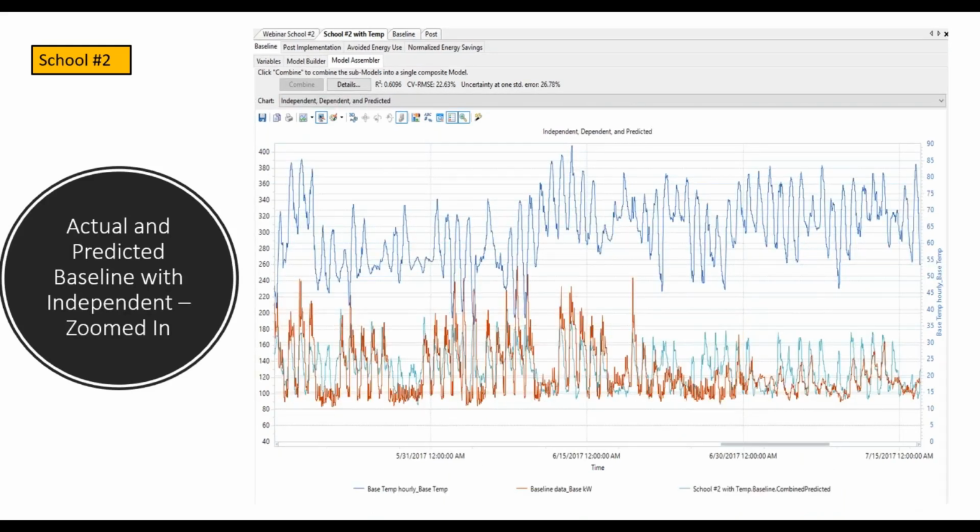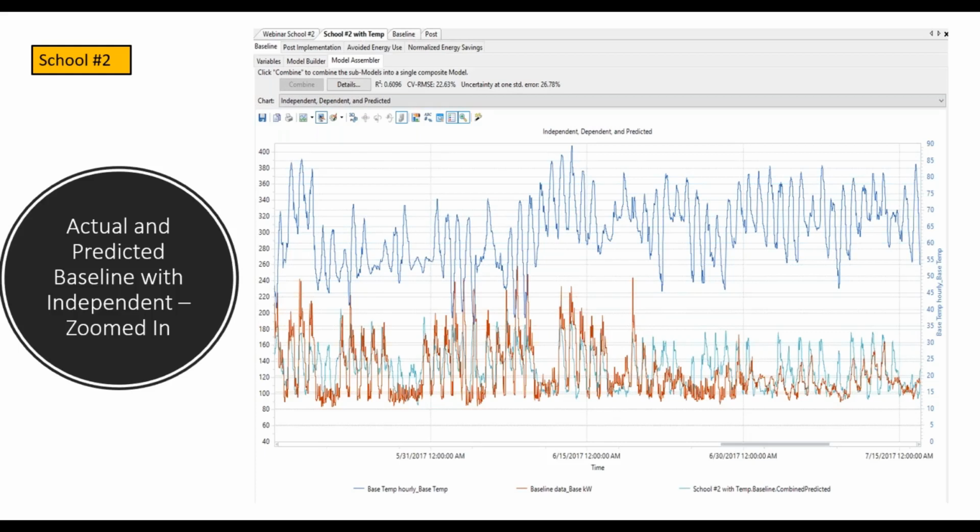This one doesn't fit quite as well, particularly if you look over here where we zoomed in, say over on the right. The predicted and the actual are really pretty far apart for a couple of these weeks here, and I think this is partly a limit of the tool, or at least a challenge with it, is figuring out how you can play with the periods in there to separate, say, summer from holidays to school weekdays.